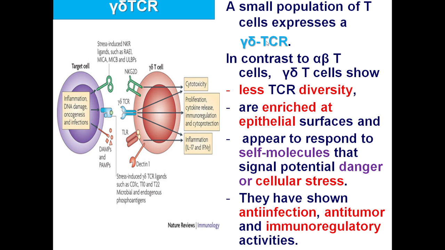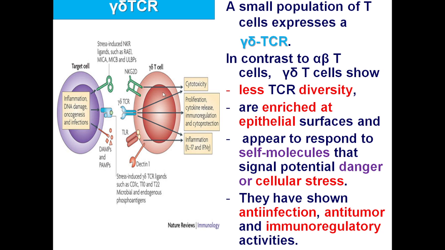Gamma delta TCR, T cell receptors. These receptors occur in a small portion of T cells, of T helper cells and T killer cells. Here you see a gamma delta T cell that has a gamma delta TCR that will react to the endogenous peptide presented by the MHC molecule type 1.